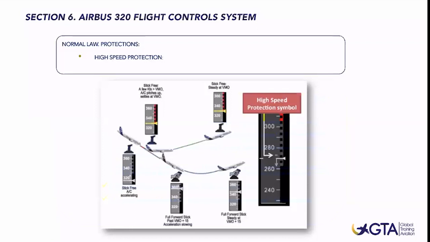Well, bank angle protection, this is quite important as well. During normal law, inside the normal flight envelope, the system maintains positive stability for bank angles above 33. If the pilot releases the side stick at a bank angle greater than 33, the bank angle automatically reduces to 33.